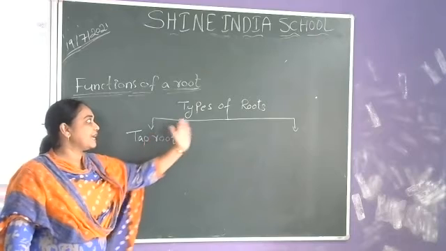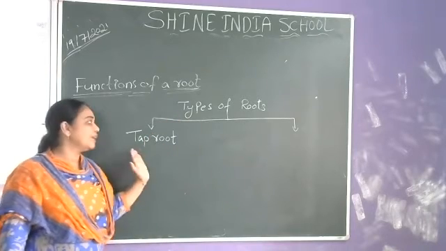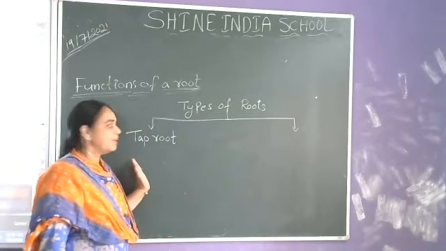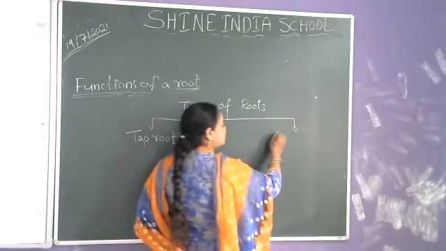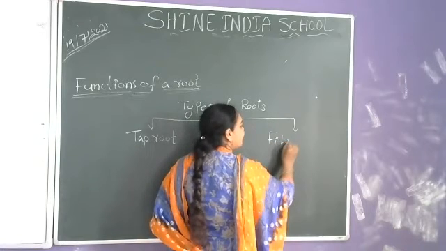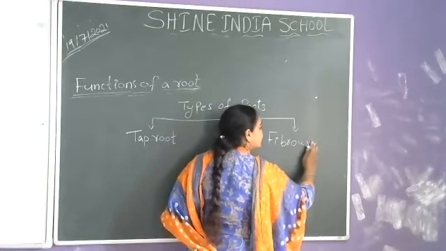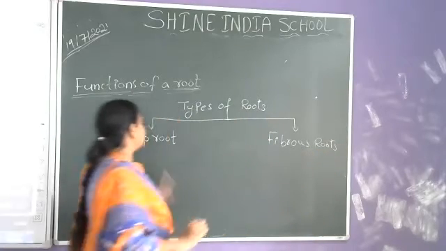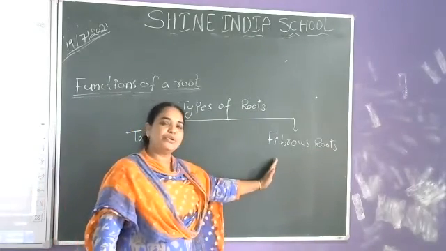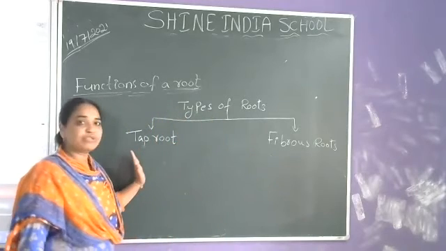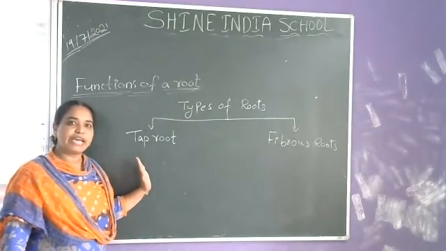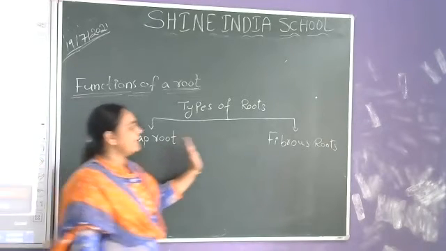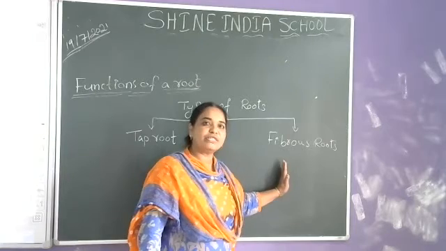So how many types of roots are there? Two types. Taproot and fibrous roots. How many types of roots are there, children? Two types. The first one is taproot and the second one is fibrous roots.